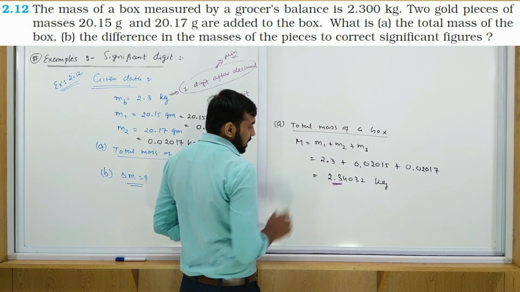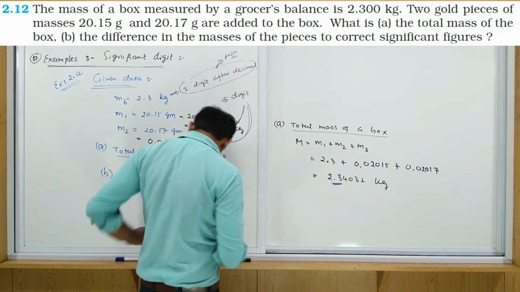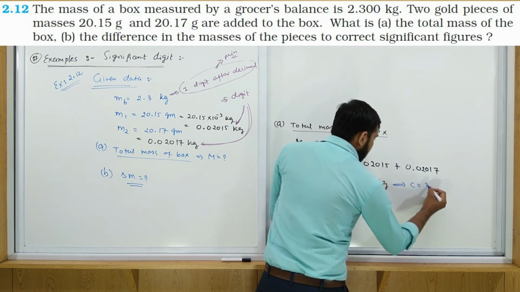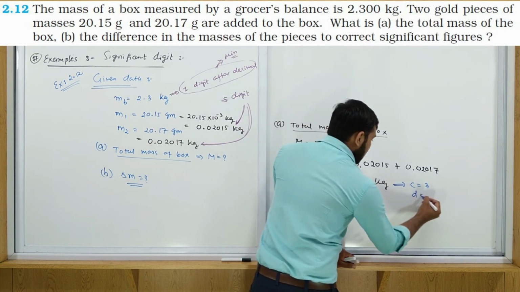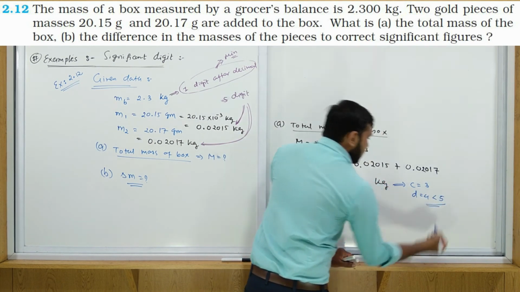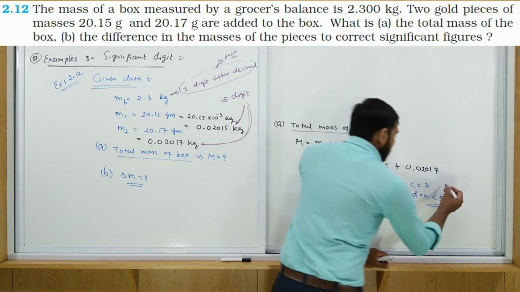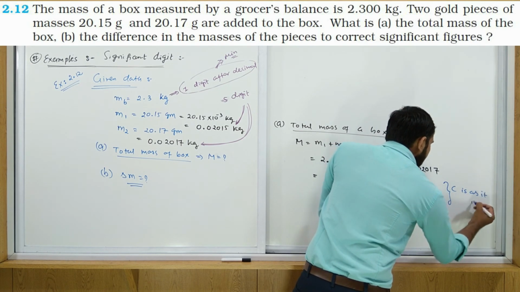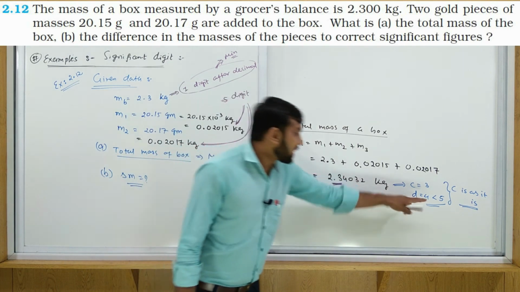So after decimal, we round off up to 3. So C is equal to 3 here. What is exactly after this 3? 4. So D is equal to 4, which is less than 5. Rule number 1: if D is less than 5, C stays as it is. There is no change in C, because D is less than 5.